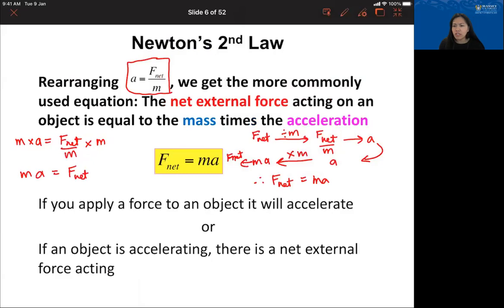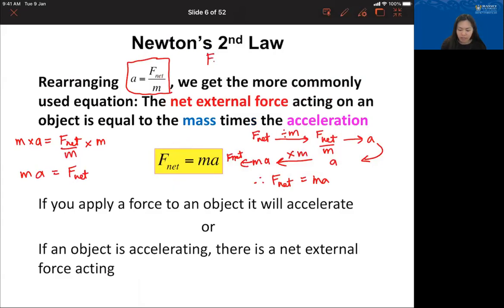So there's a question here. Do you need to worry about air resistance with this law? So air resistance is a kind of friction, right? Friction, of course, will affect the motion of the object. So yes, if the problem states explicitly that there is air resistance, then you have to worry about air resistance. But where will air resistance come into this equation? It will come into F net.